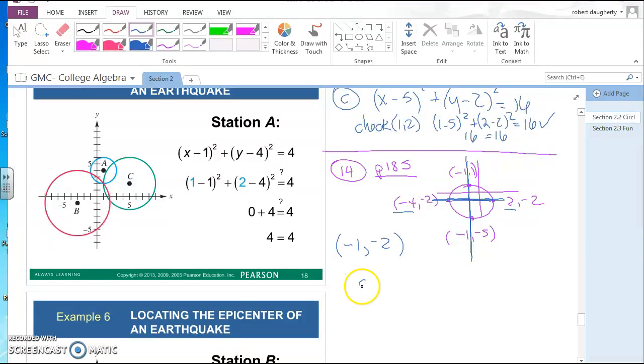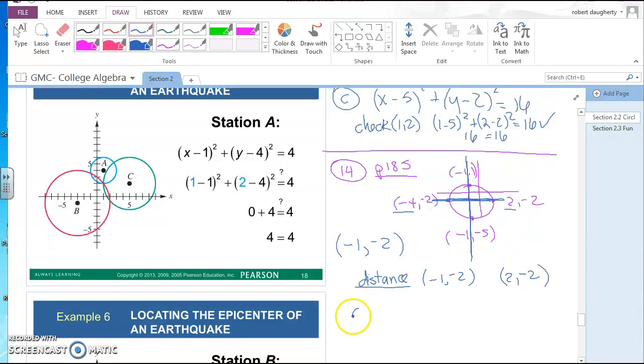So what is the distance from (negative 1, negative 2) to any of these 4 points? Because those are all on the circle. So I'm just going to pick one of these points, (2, negative 2). If I can find the distance from (negative 1, negative 2) to (2, negative 2), then I have the radius.